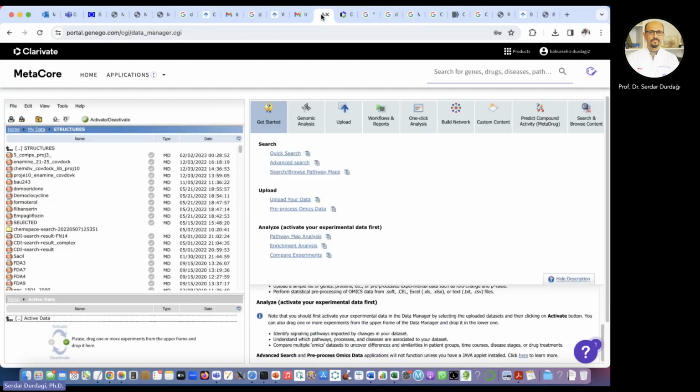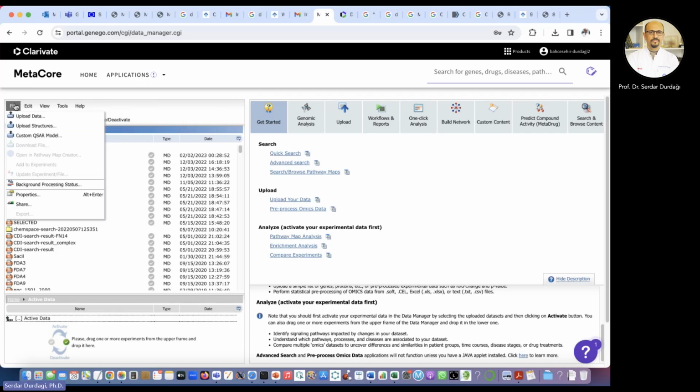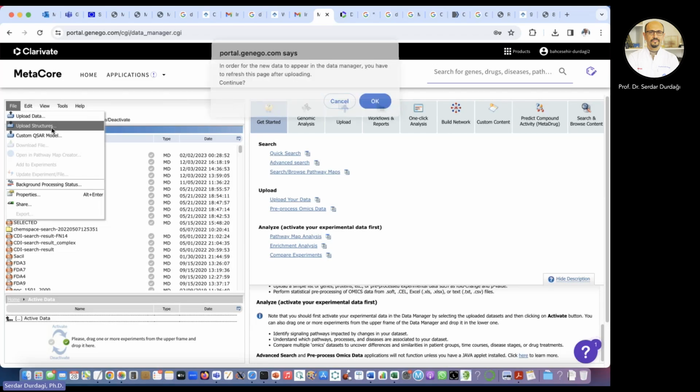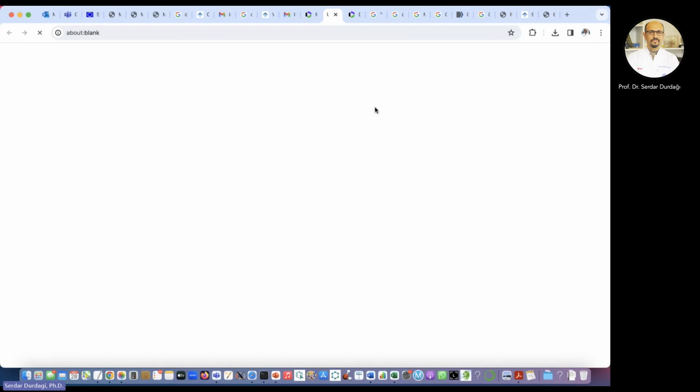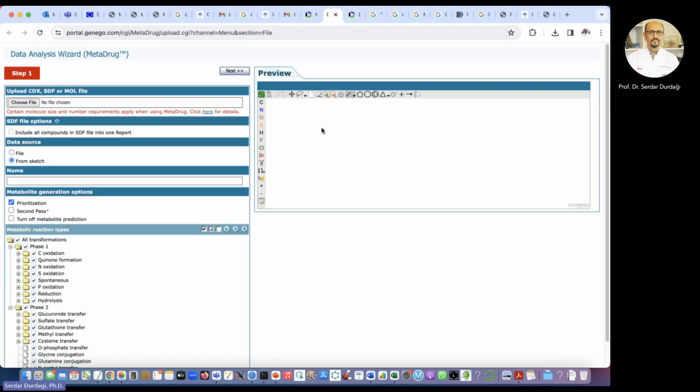If you type portal.genego.com, here you can find the option to upload the structure. As I said, if there is no structure available, you can also draw it here. Let me just draw a structure here. It is quite easy to draw.